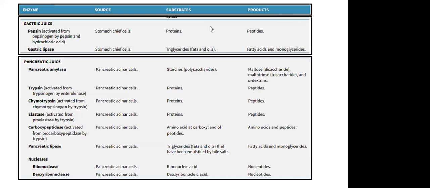There the complete digestion will not take place. But in the small intestine, whatever is remaining, the complete chemical digestion happens. So we can take it as most of it happens in the small intestine.